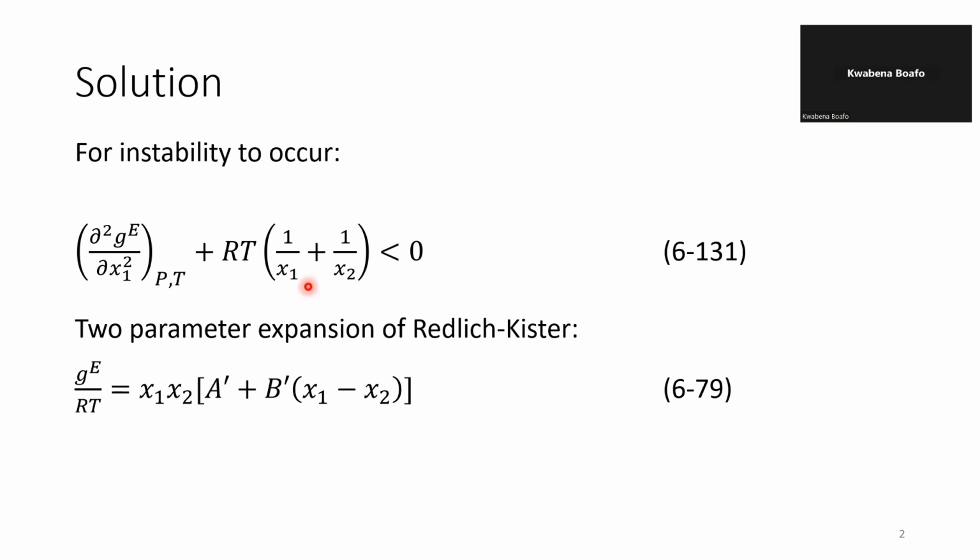Again, we use the Redlich-Kister expansion. We truncated it at the second term, with two parameters.